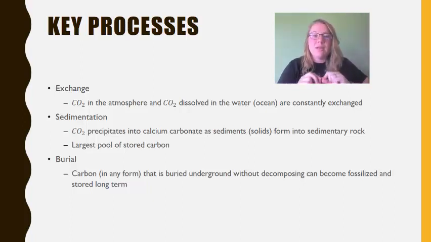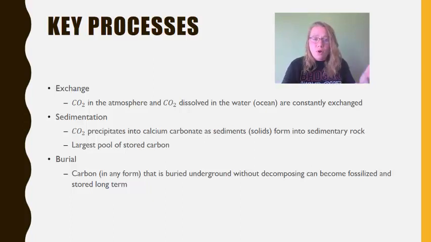So that calcium carbonate is a solid or a sediment that is formed on the bottom of the ocean. And when those sediments build up and there's a lot of pressure, that is what forms sedimentary rocks. Those sedimentary rocks are a very large pool or reservoir of stored carbon, and that is happening at the bottom of the ocean.